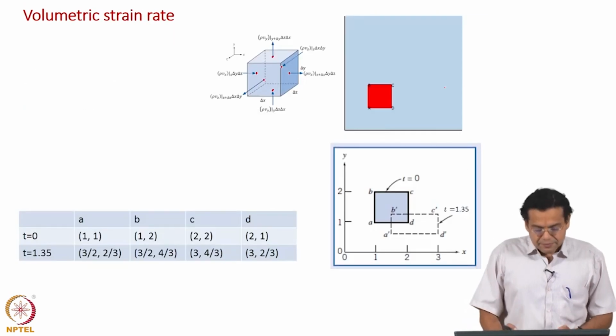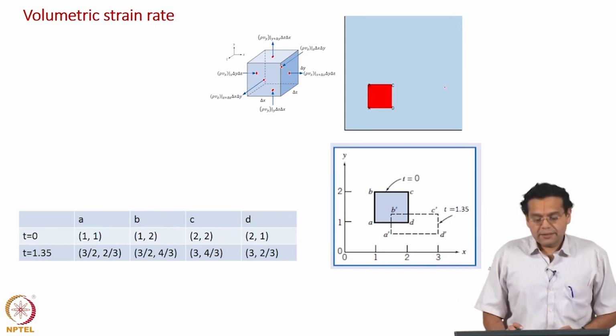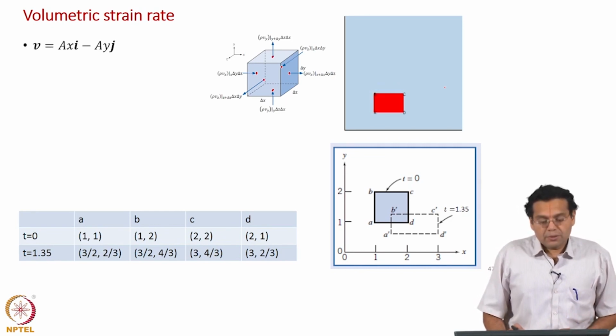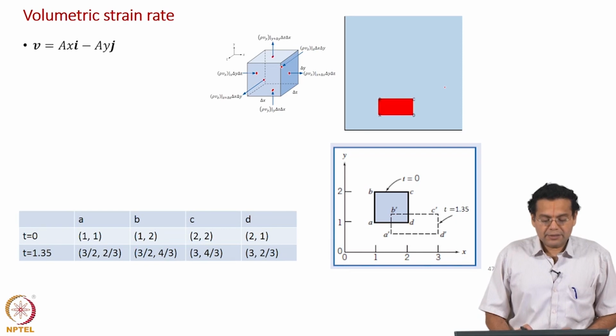Now, let us calculate the volumetric strain rate, and let the simulation be running. So, for the volumetric strain rate, we start with the velocity field, which is Axi minus Ayj.